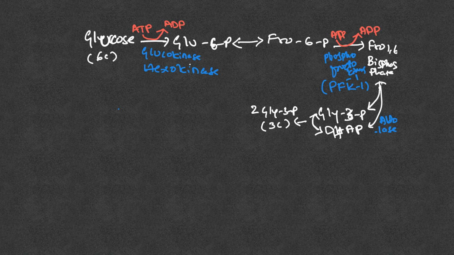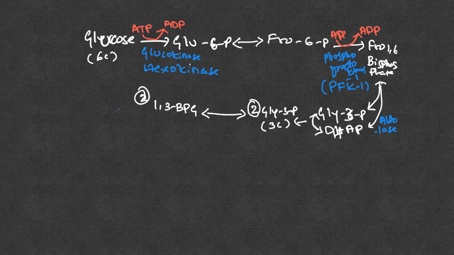From here onwards, for all the reactions you need to multiply by 2, so times 2. Glyceraldehyde 3-phosphate will undergo an oxidation-reduction reaction, a reversible one, and become 1,3 bisphosphoglycerate, 1,3 BPG. So two molecules of glyceraldehyde 3-phosphate are converted to two molecules of 1,3 bisphosphoglycerate.